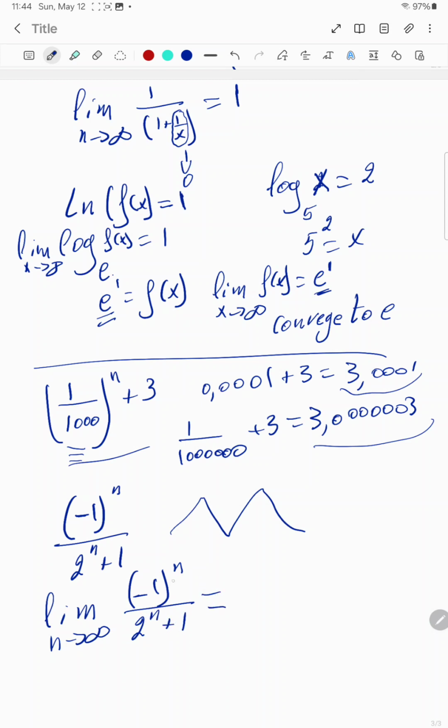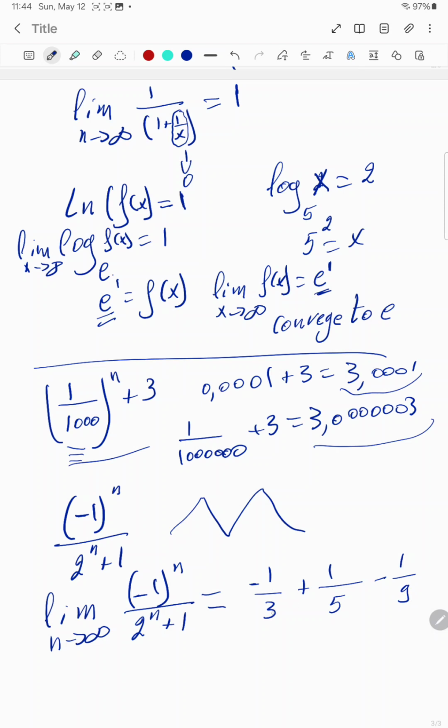Okay, so when n goes to infinity, let's say n equal to 1, it becomes minus 1 divided by 3. And if n is equal to 2, it becomes plus 1 divided by 5. And if n is equal to 3, it's minus 1 divided by 9. So I see it's alternating.